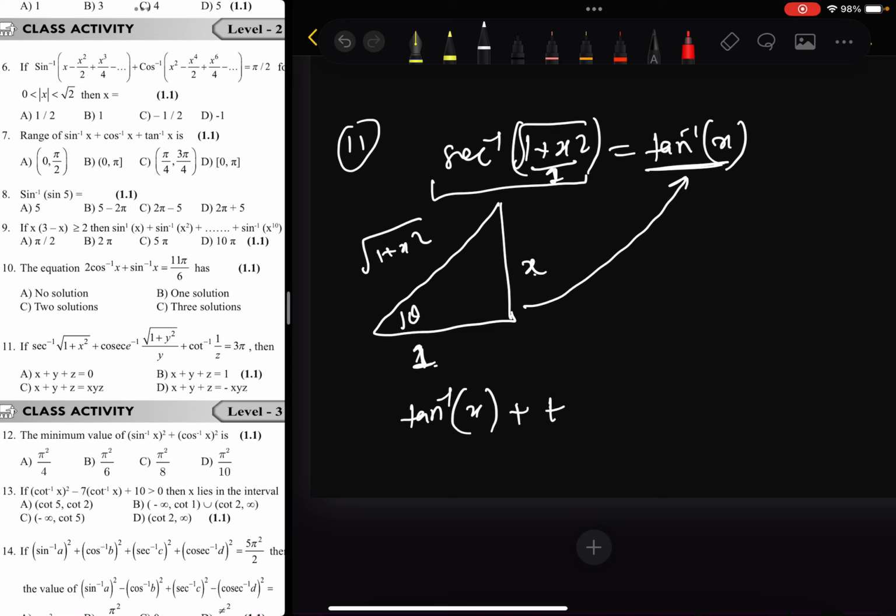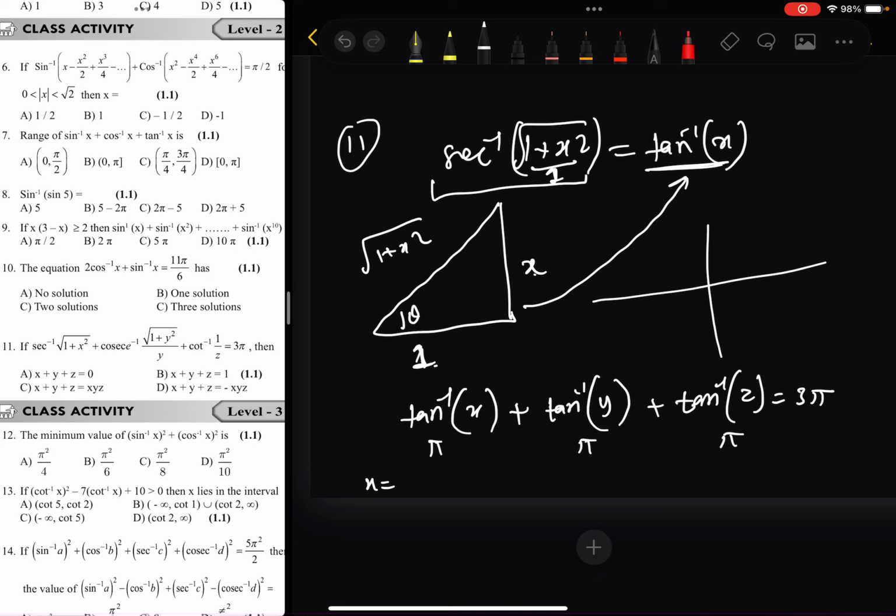This is also tan inverse y. And this cot inverse 1 by z you can write as tan inverse z. This is equals to 3 pi. So it is only possible when tan inverse x is pi, tan inverse y is also pi, tan inverse z is also pi. So what is the value of x? You can see the graph also.